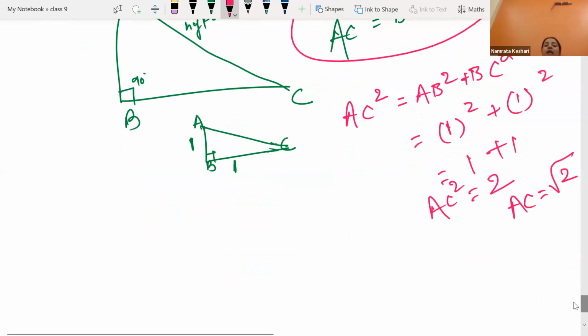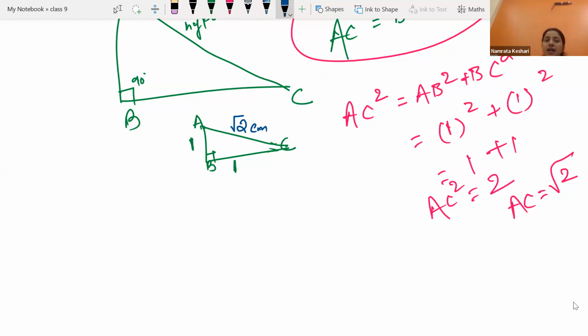Okay, so we realize that even though we don't know the actual value of root 2, what root 2 actually is, by using Pythagoras theorem, if we take the height as 1 unit, 1 centimeter, and the base as 1 unit, automatically this hypotenuse will come out as root 2 centimeter.